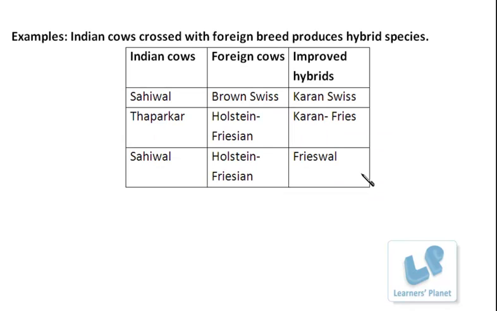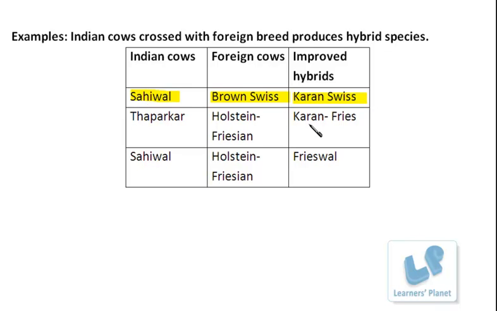So, this table is showing some examples of improved hybrids. See, the Indian cow, that is Sahiwal, and Brown Swiss, a foreign cow. These two are crossbred, and the product obtained is the Karan Swiss.